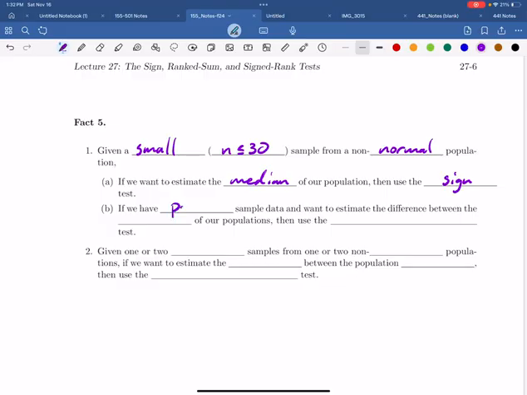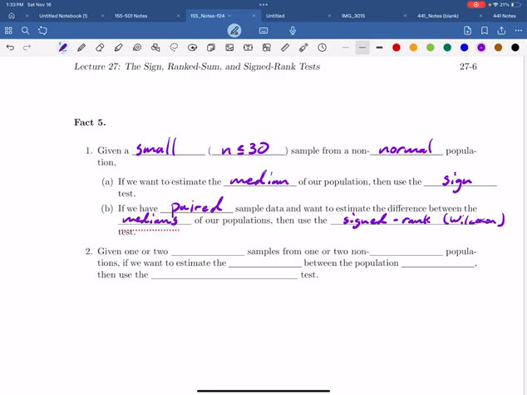If we have paired sample data and want to estimate the difference between the medians for a population, then use the signed rank or Wilcoxon test.